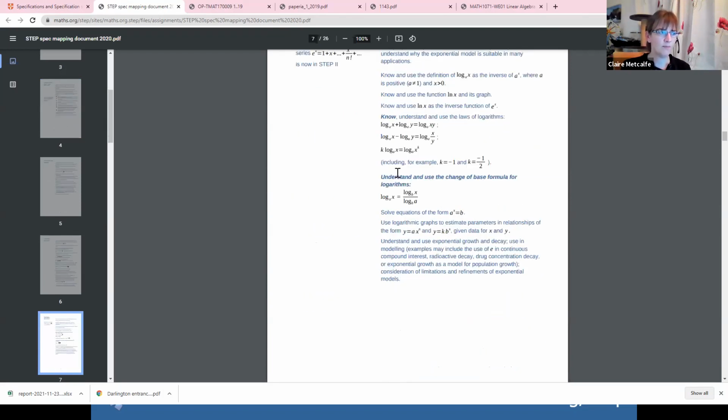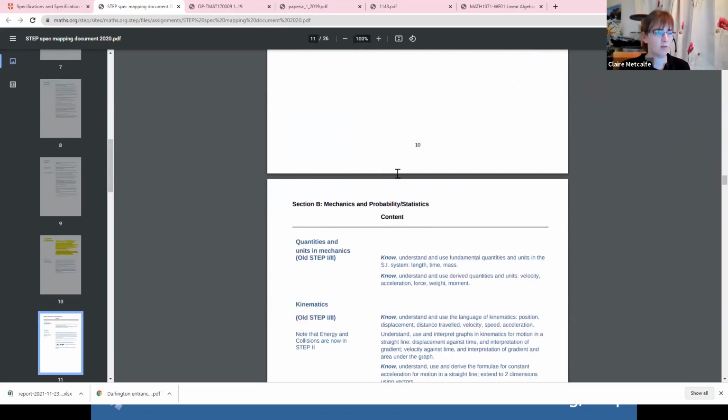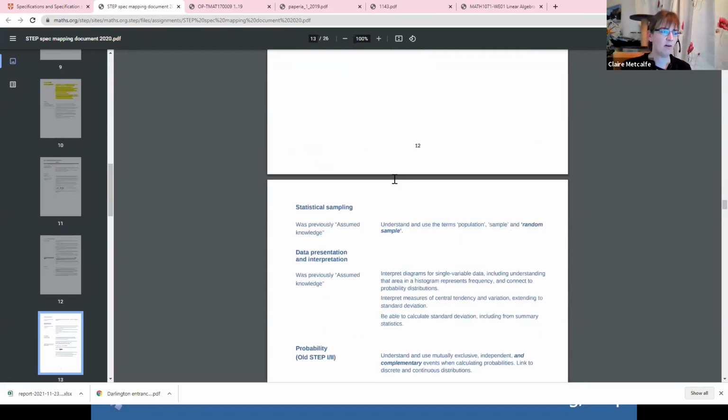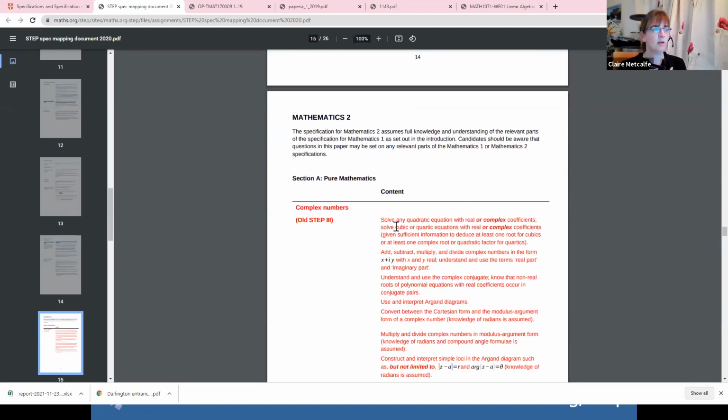All of the STEP 1 or Mathematics 1 as it is now spec pretty much comes from the old STEP 1 spec. Then there are a few bits later on. When we come into Mathematics 2, there's a bit of complex numbers which are now in Mathematics 2, whereas if you look at old STEP papers, there won't be any complex numbers in STEP 2.